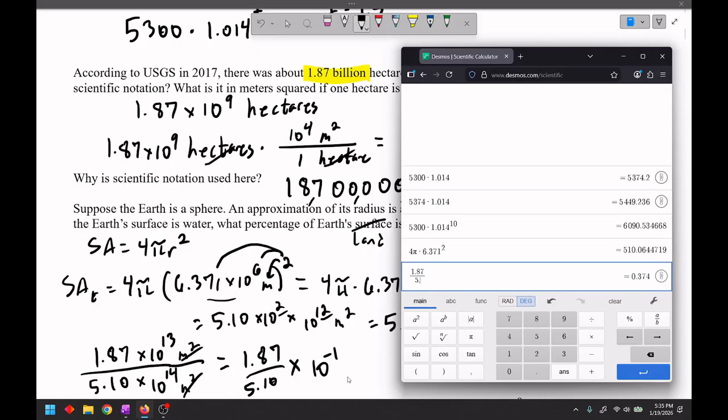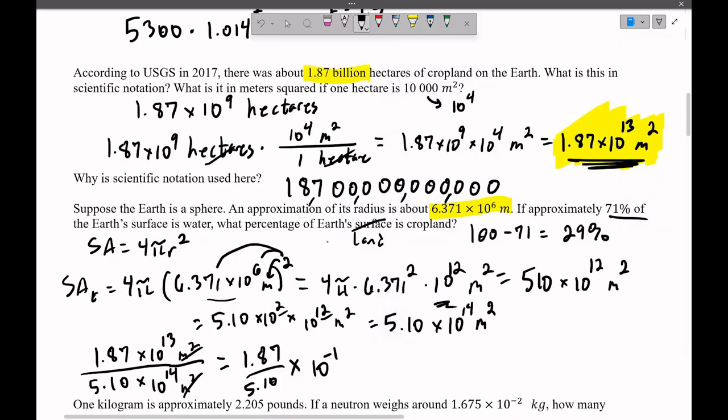1.87 divided by 5.1, we get 0.36 repeating, times 10 to the negative 1, which is the same thing as 0.036. And I'm going to round to 3 significant figures here.